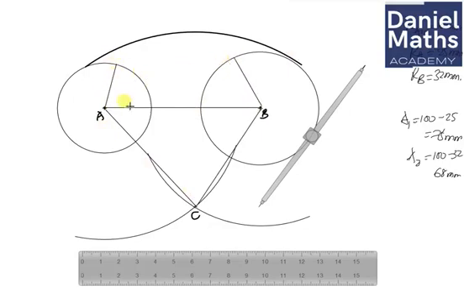So here the radius was 25, and here the radius was 32 millimeter and 5 millimeter.